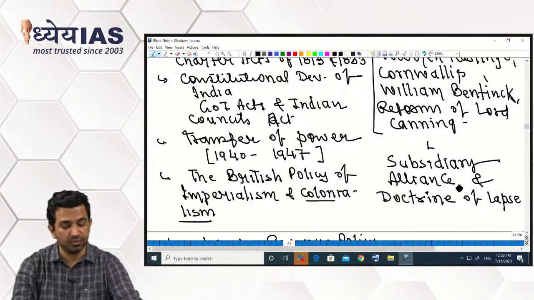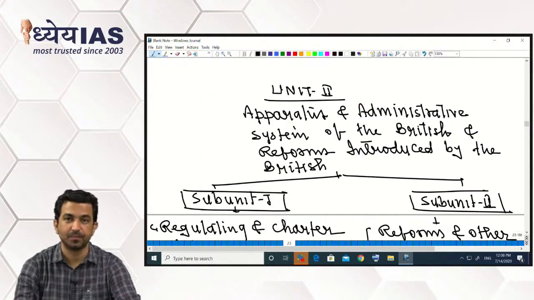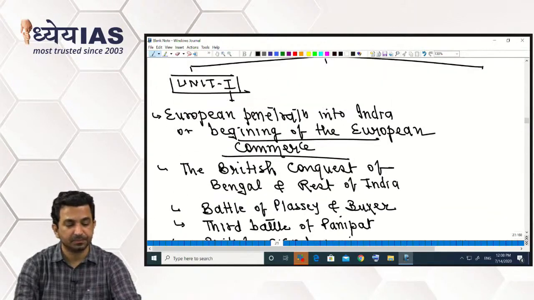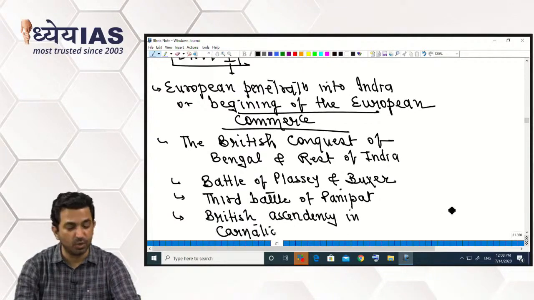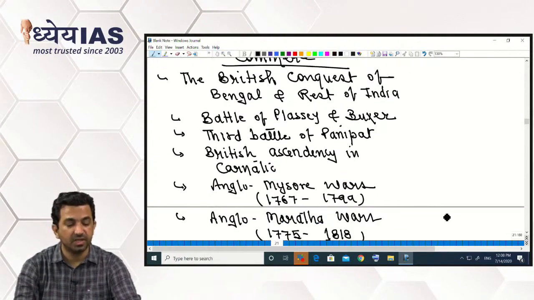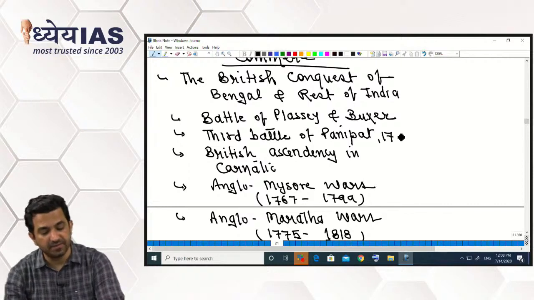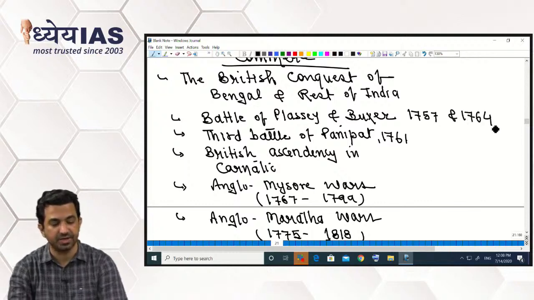Okay, so that is subunit 2 of unit 2. Now unit 1, which includes European penetration into India or beginning of European commerce, the British conquest of Bengal and rest of India, then Battle of Plassey, Battle of Buxar, Third Battle of Panipat, 1761, Plassey 1757, and Buxar 1764.